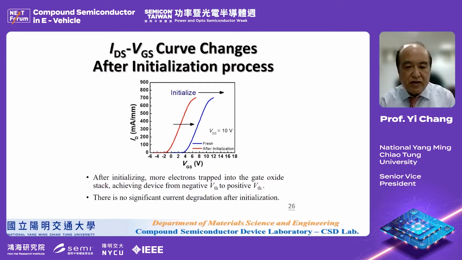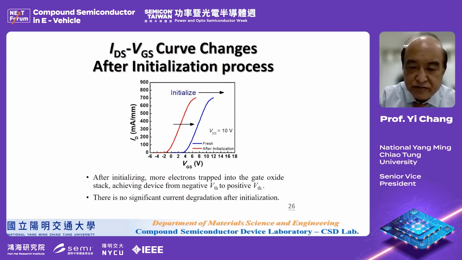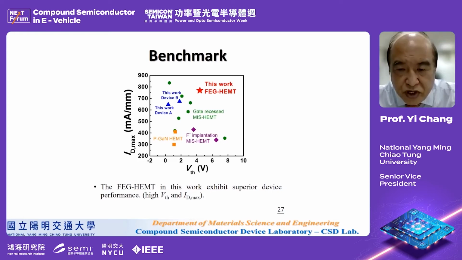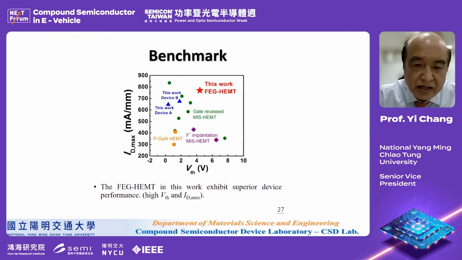And there's no significant current degradation after initialization. So if you compare this ferroelectric device we make to other approaches, like gate recess, ion implant, or P-GaN, you can see that this one has high VTH and maintains very high current.